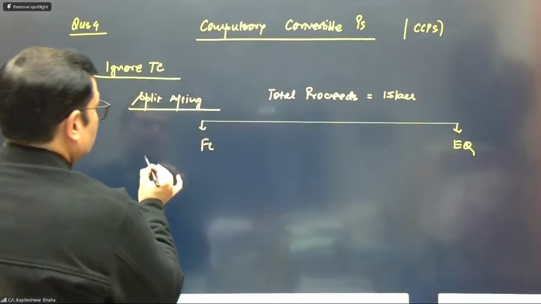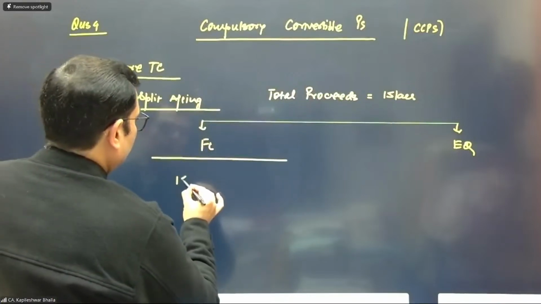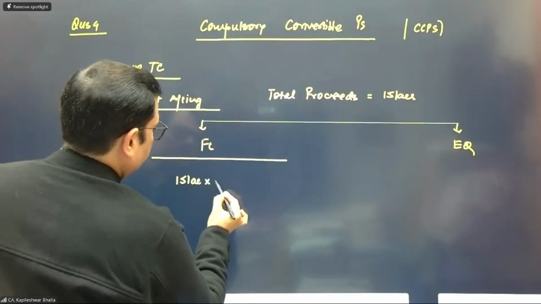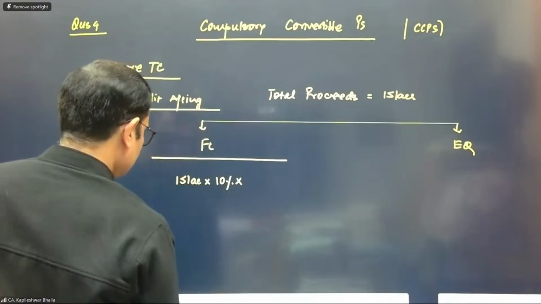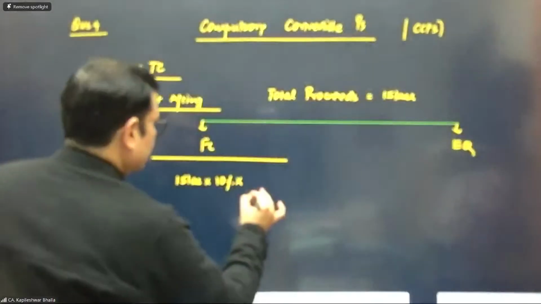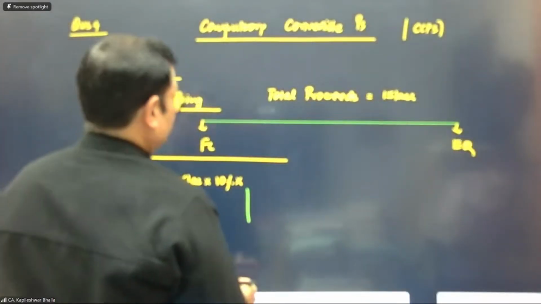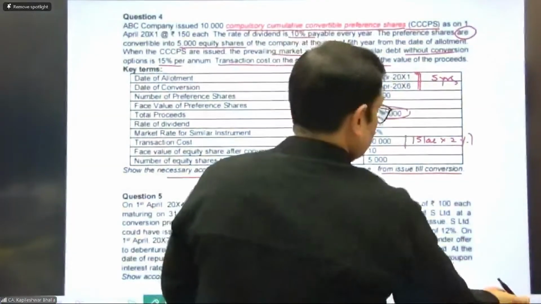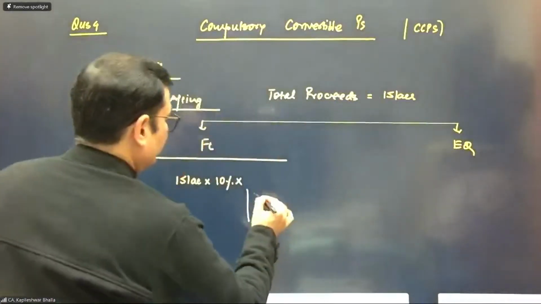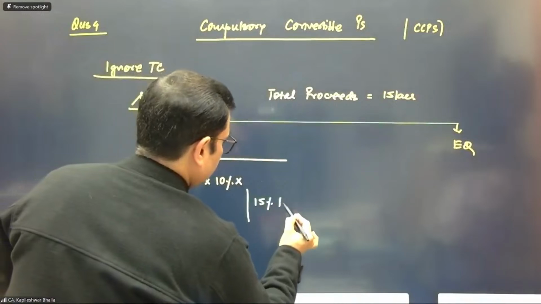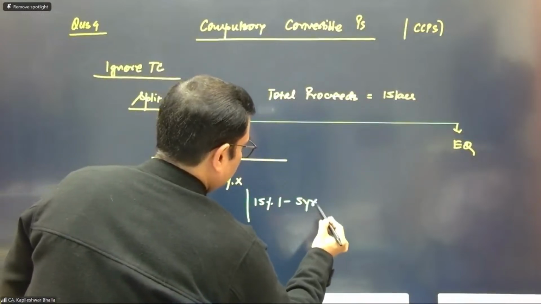So when you take the financial liability on 15 lakh rupees, we take a 10% dividend and discount this at the rate of what was the market rate of interest, I guess. That is 15%.